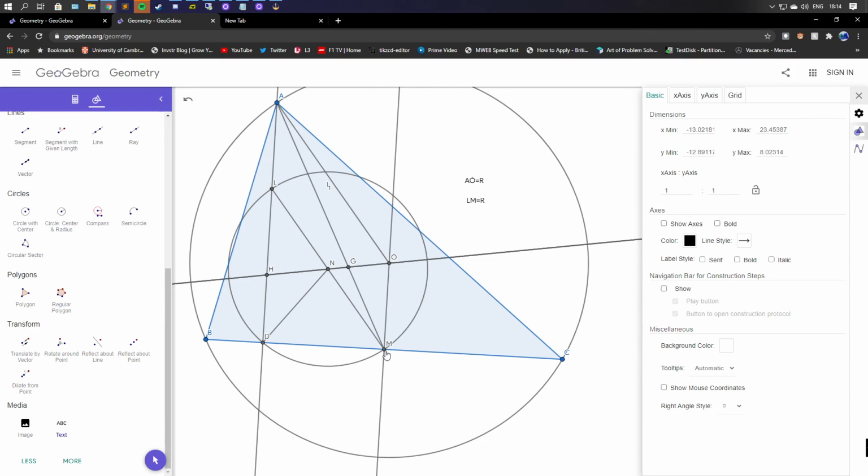And to do that, we will just basically chase some angles around.